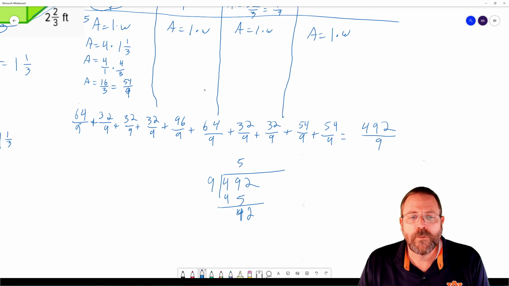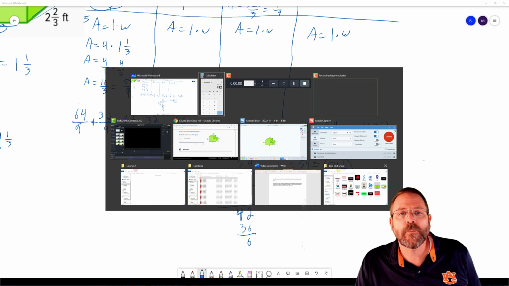Bring down your 2. 9 goes into 42 4 times. 4 times 9 is 36 with 6 left over. And that means my answer is going to become 54 2/6, also known as 54 1/3.